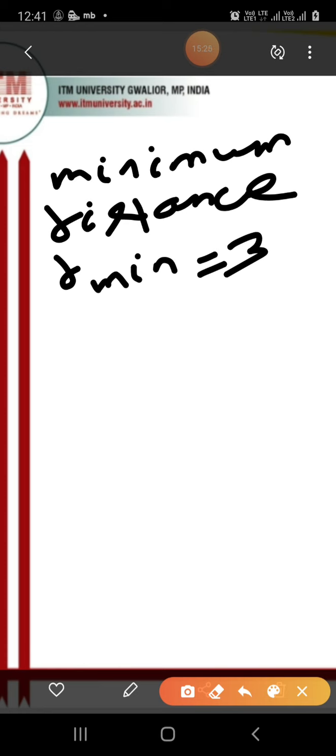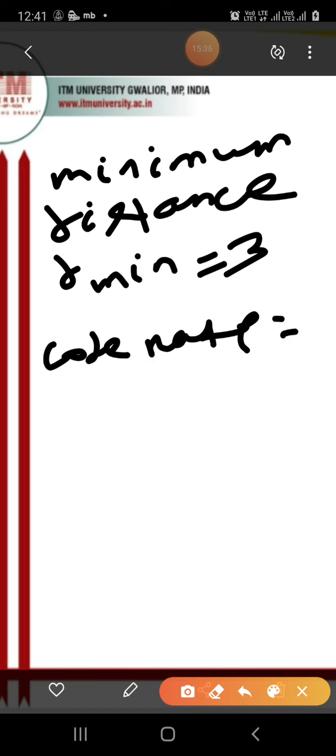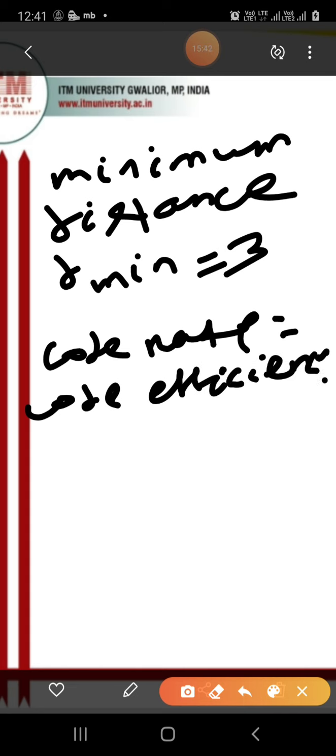Suppose I want to write the code rate, or code efficiency. The code rate can be written as k by n. Clear? So what is the value of k?